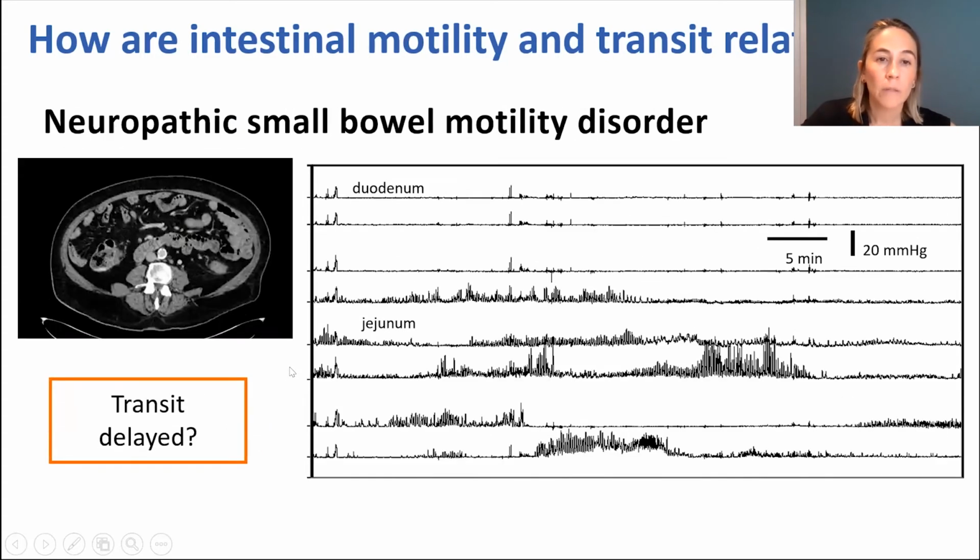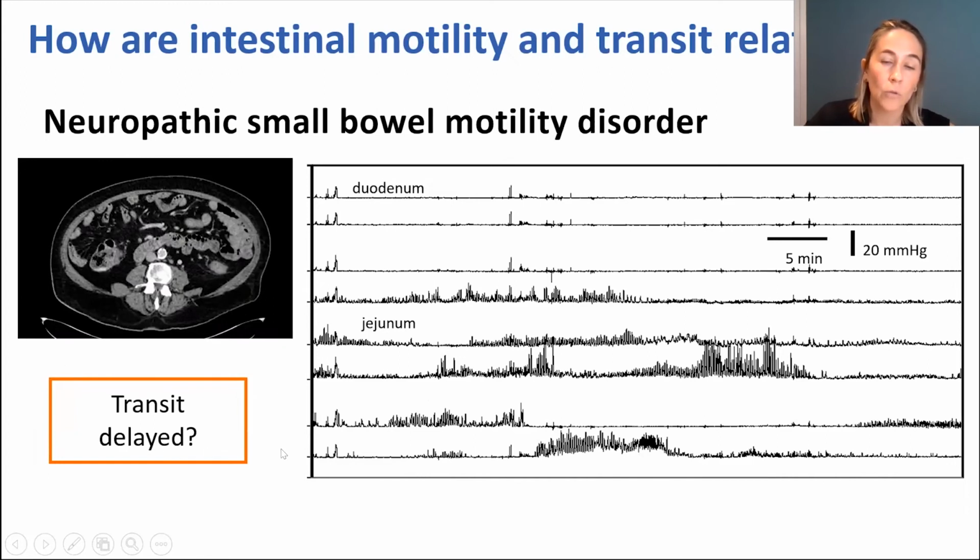But in other types of small bowel motility disorders, such as this neuropathic case, you can see the small bowel is not dilated. It has a normal morphology, and the patterns that we see in manometry, which in this case, for example, are bursts of contractions, we do not know if this affects transit or not.